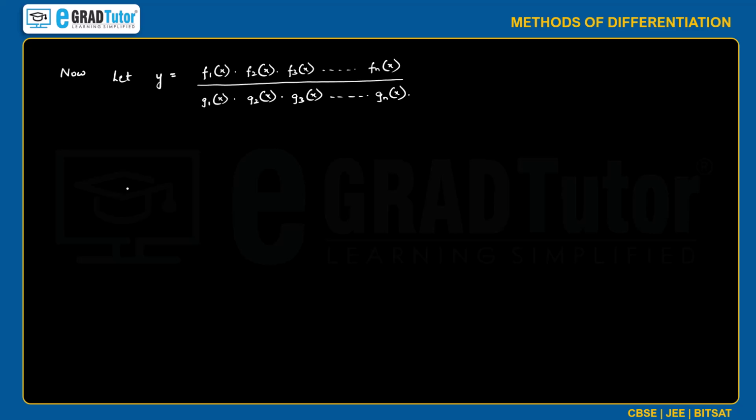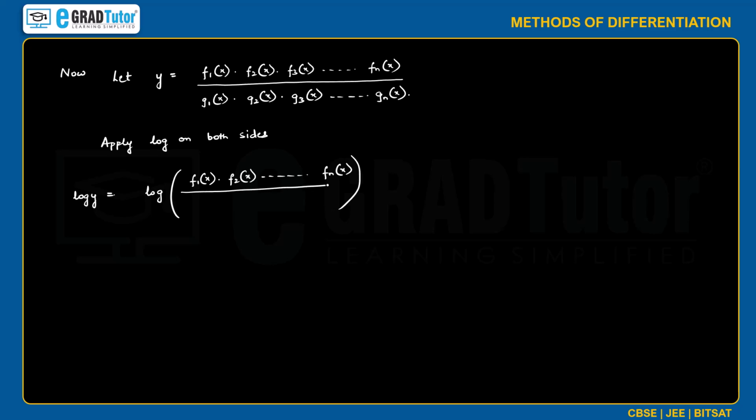Okay, now apply log on both sides. What is it that you get? Log y is equal to log of the functional form f1 of x into f2 of x so on into fn of x divided by g1 of x into g2 of x so on into gn of x.